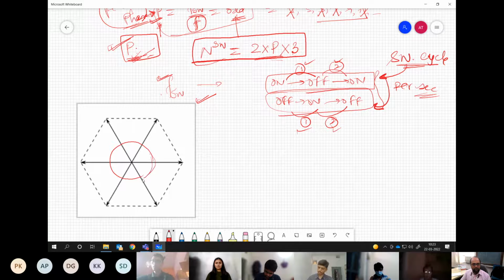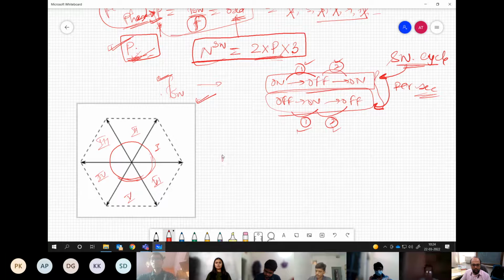And of course, we are talking about the same number of switchings in all these sectors, right? It cannot happen that one sector is having more switching, another sector is having less switching. For a symmetrical, normal or conventional space vector PWM, this is what is required, or this is what is expected.